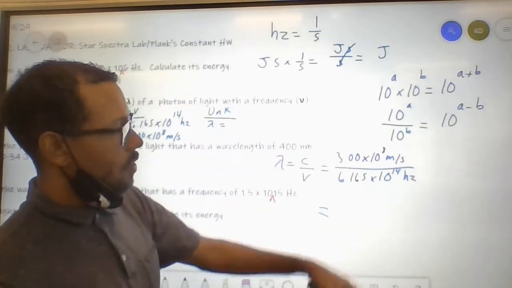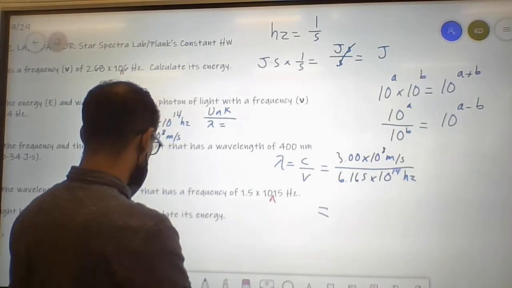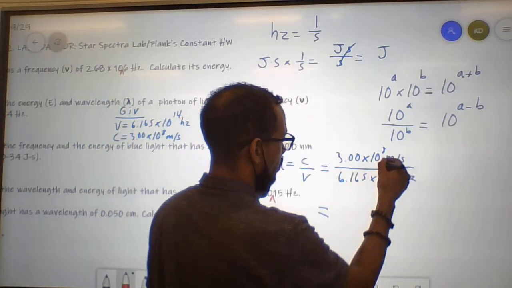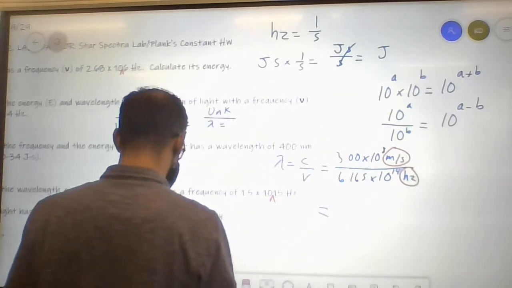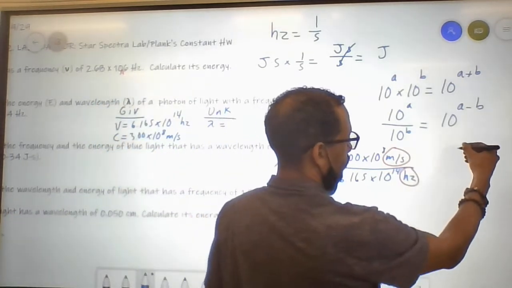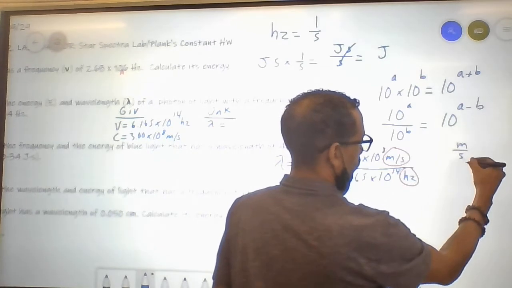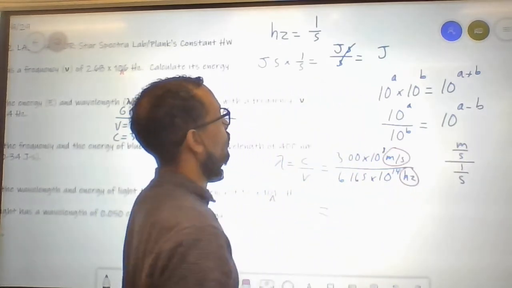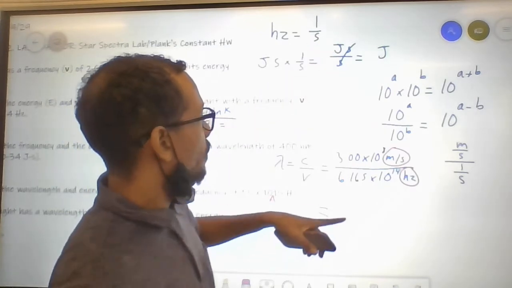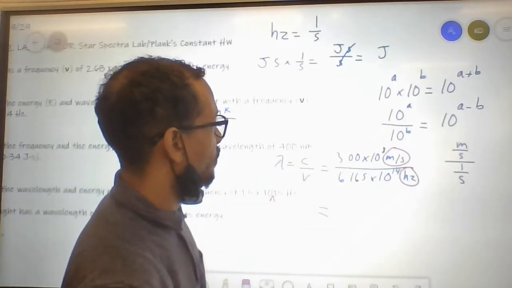Of course, I'm going to look at the units first. If the units check out, I'll keep going. But if I don't get the correct units, then I know I need to do some more work. So I'm going to go ahead and change that hertz into 1 over second. And then I'll use a little bit more algebra.